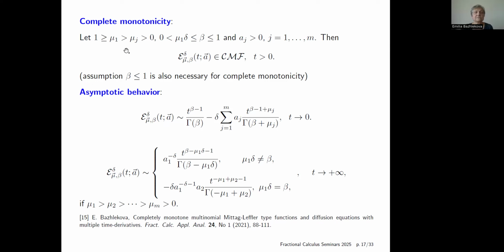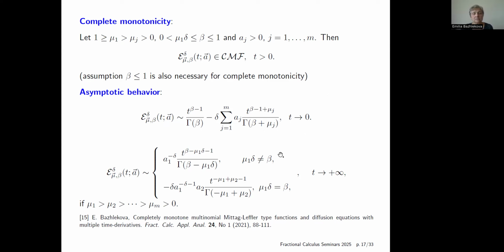These are sufficient conditions, but let me note that the assumption beta less or equal to 1 is also necessary for complete monotonicity, and we can see this from the asymptotic expansion for small times given here, which follows directly from the series expansion of the function.